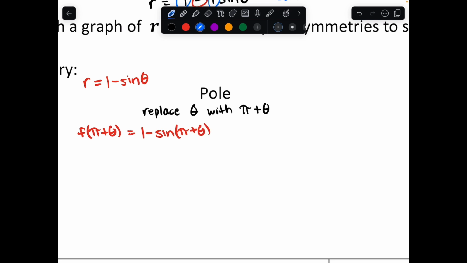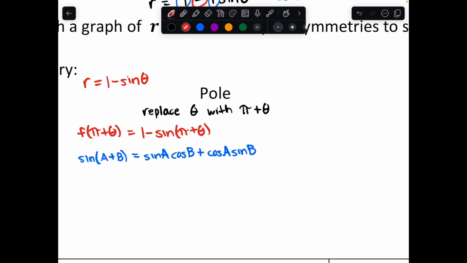Now I'm going to use the identity sine of a plus b is equal to sine of a times cosine of b plus cosine of a times sine of b.